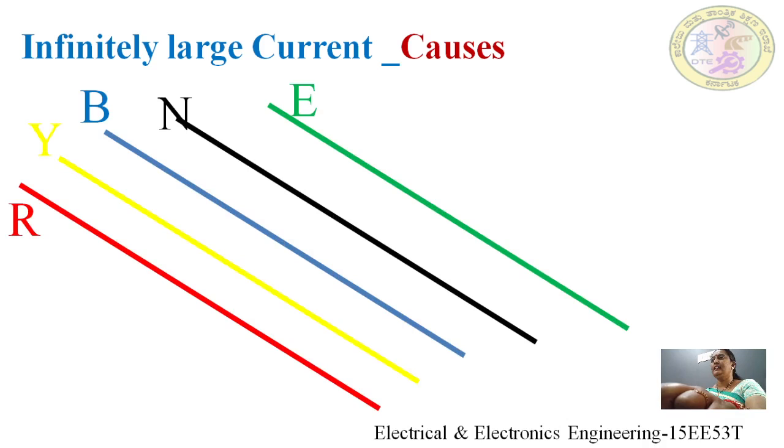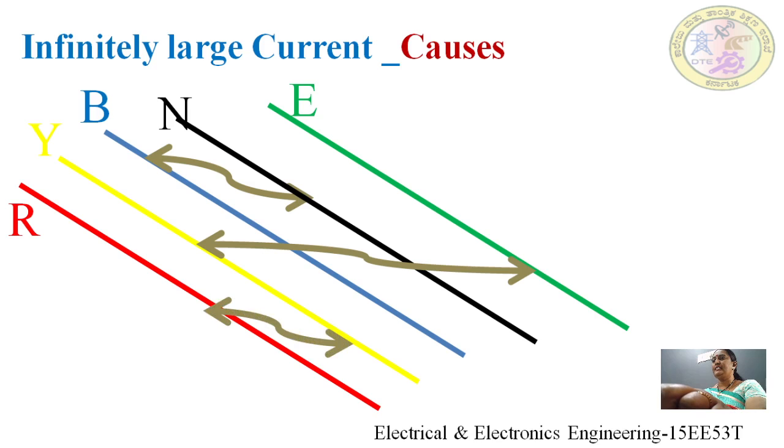Causes are, let us take a three-phase transmission line or a distribution line. Here in the figure there is a short circuit between Y phase and the earth conductor, and there is a short circuit between B phase and a neutral conductor, and there is a short circuit between R phase and Y phase conductor.